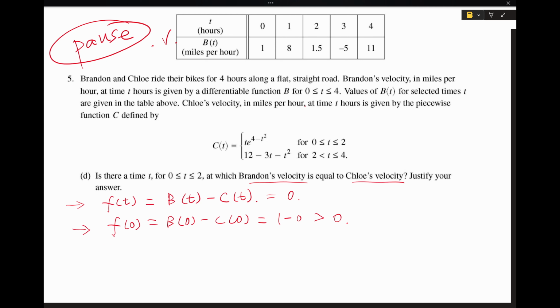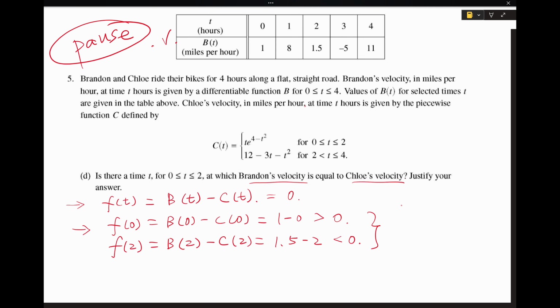The next thing we're going to find out is the value of f(2), which is equal to 1.5 minus 2, and the result of this part is smaller than 0.